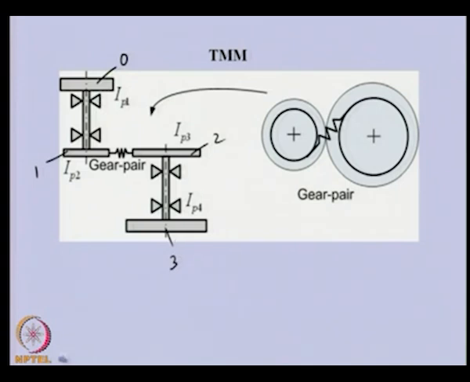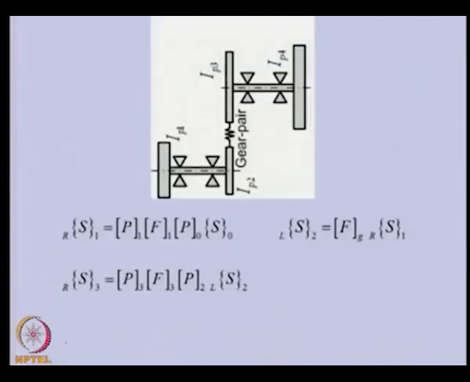Now you can see I have tilted the same thing, and here we have station 0, station 1, station 2 and station 3. Now between station 1 and 2 we can write the state vector. So the right of station 1 and station 0 are related with a point matrix, field matrix and again a point matrix.